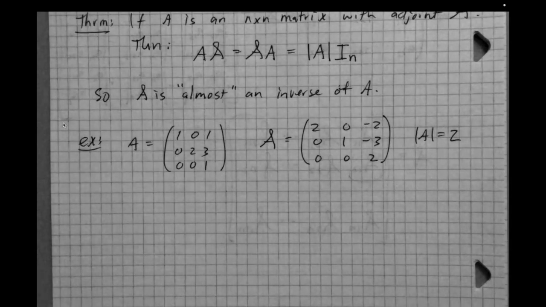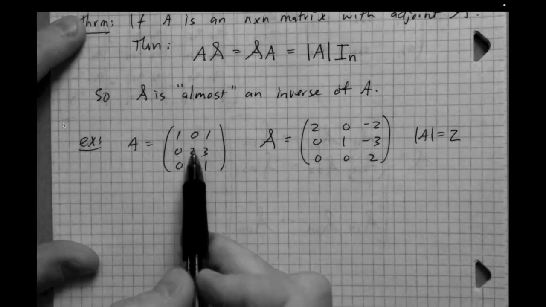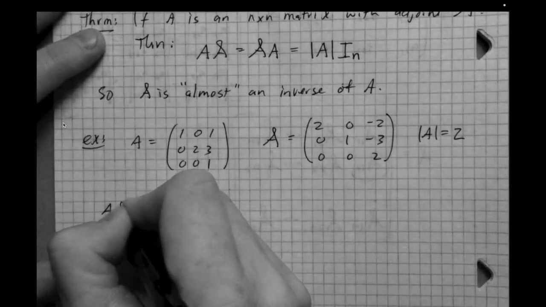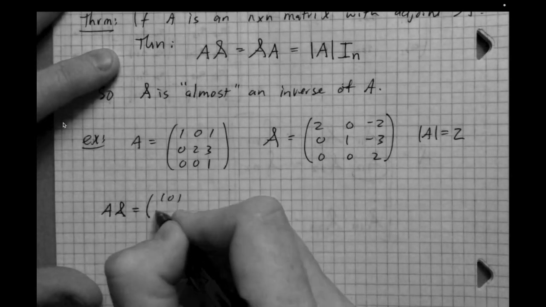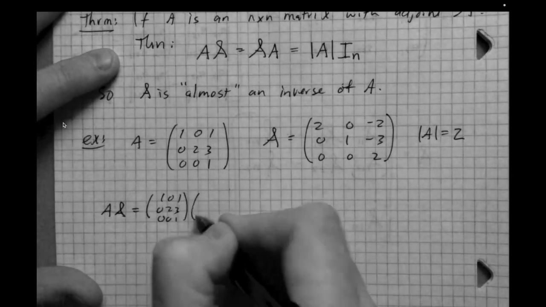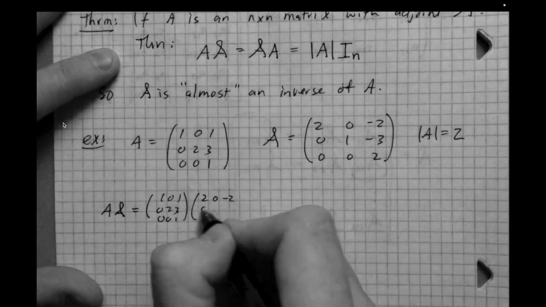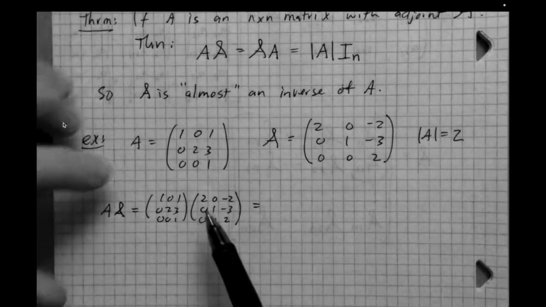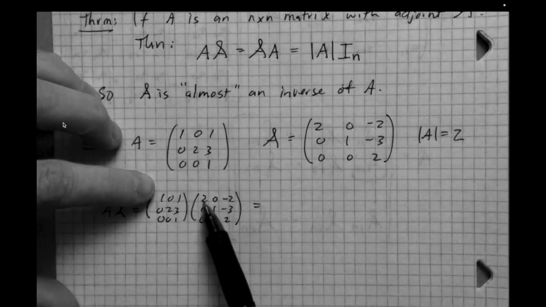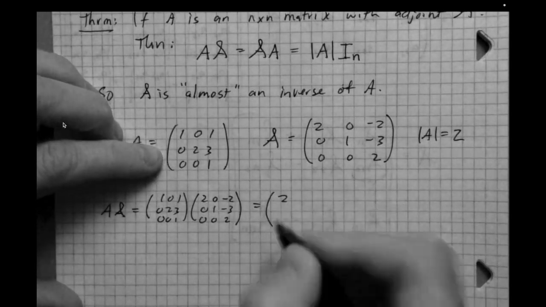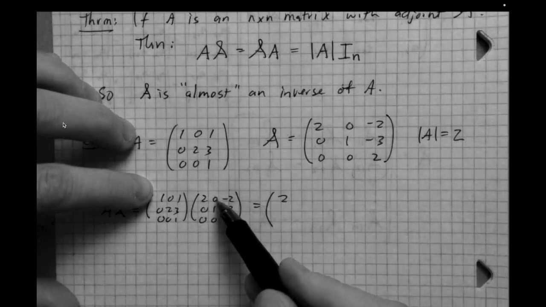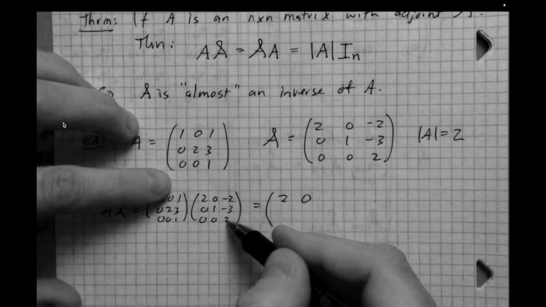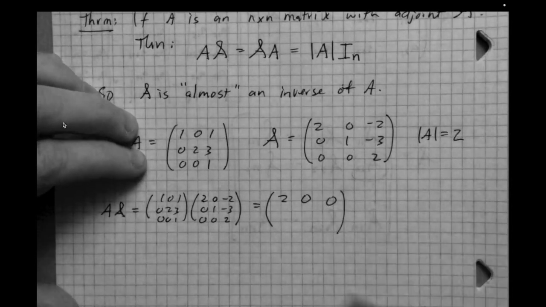We did this example earlier. We calculated the determinant of this. And you could see 1 times 2 times 1 is 2, right? It's the diagonal matrix. Okay, so let's try it. Let's multiply A times the adjoint. 1, 0, 1, 0, 2, 3, 0, 0, 1 times 2, 0, negative 2, 0, 1, negative 3, 0, 0, 2. Well, if you just go through this, you'll see it's 2 plus 0 plus 0, and then it's 0 plus 0 plus 0, and then it's negative 2 plus 0 plus 2, so 0 altogether.